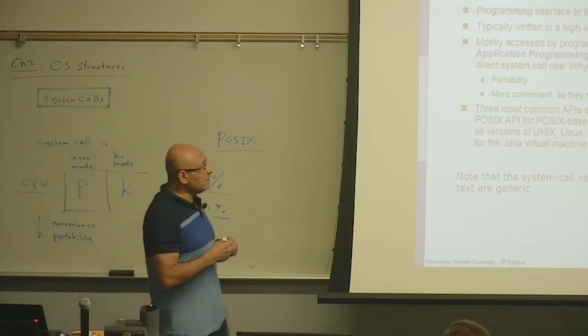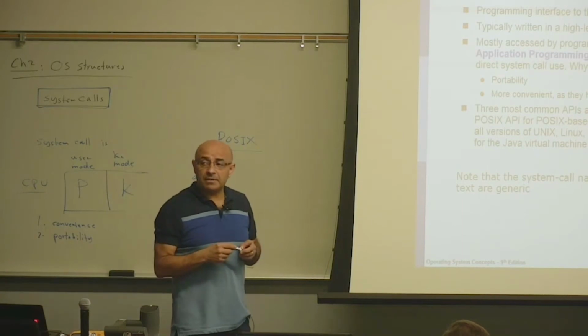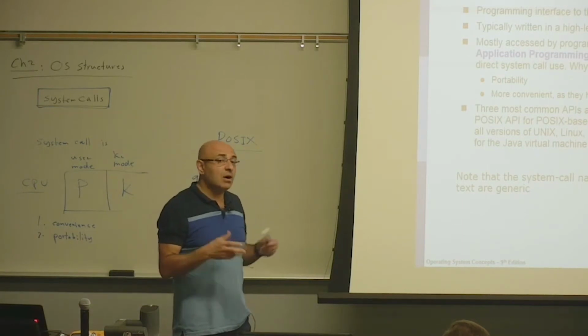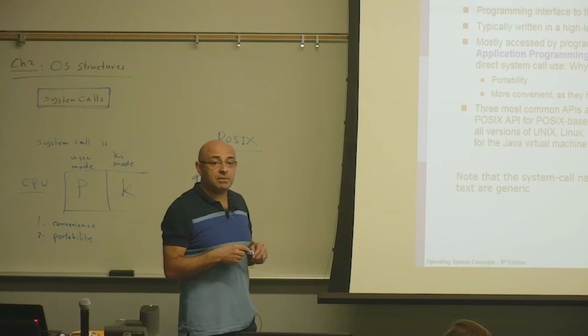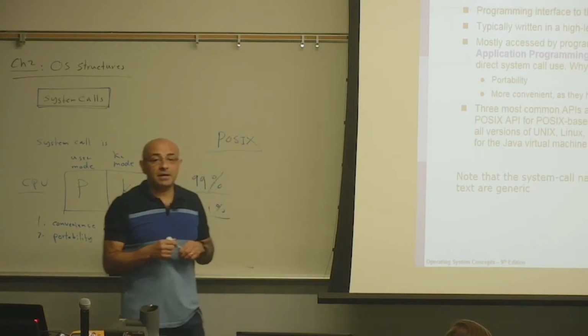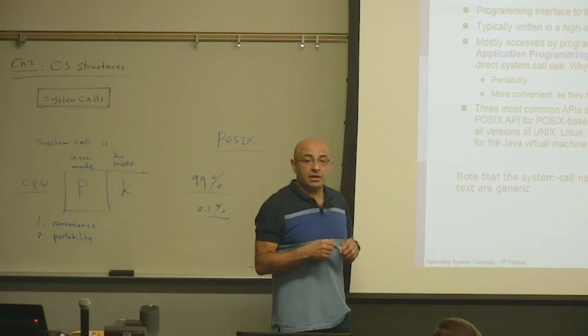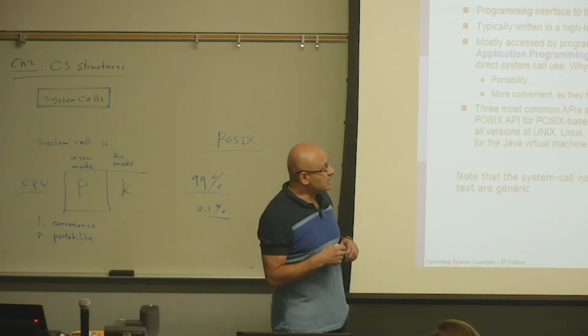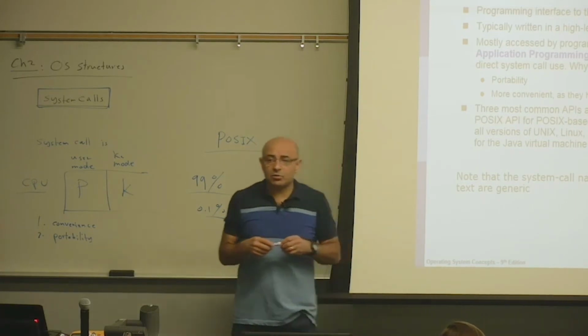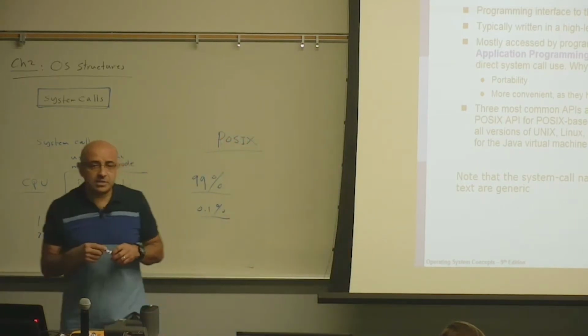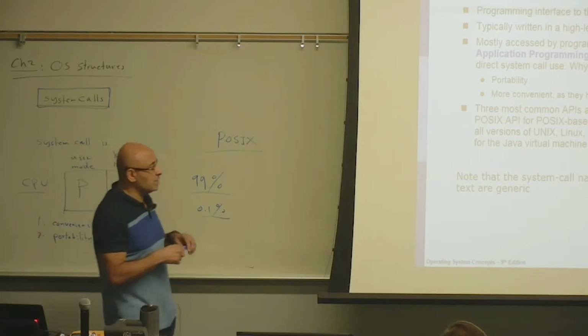Okay. So in addition to the POSIX API, there is the Java API. Java is a language that is implemented on many different platforms. And when you use the Java API, there are lots of functions that you call that are implemented using system calls.